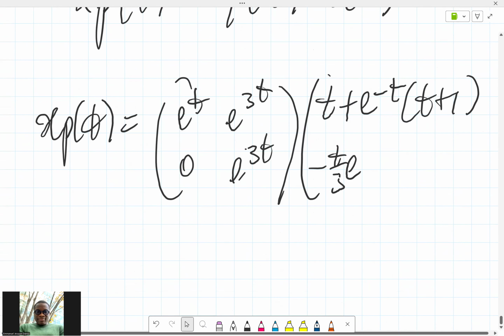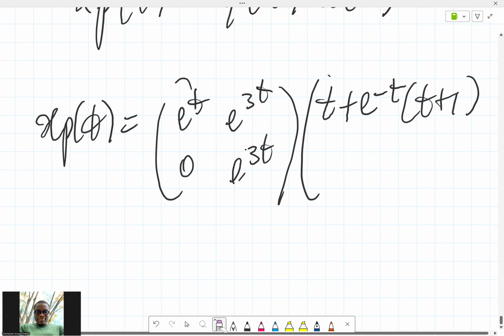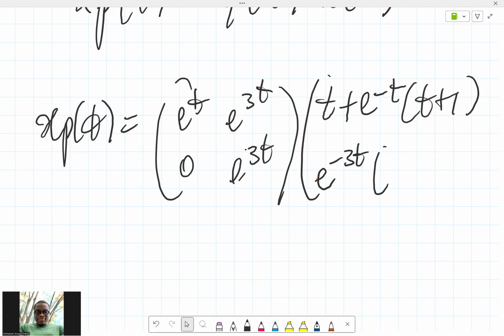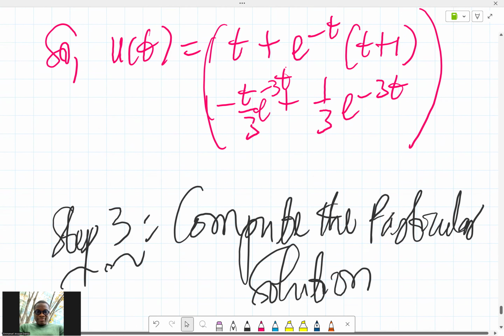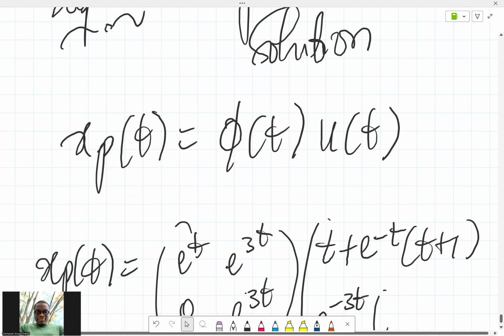So we can have e raised to power minus 3t into minus t over 3 plus 1 over 3.